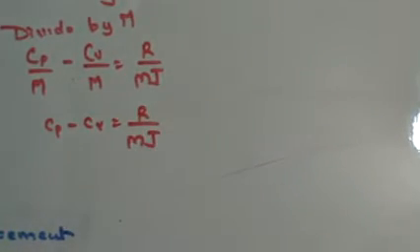This is how you represent this in terms of principal specific heat. Fine, do we get this clear? So do we understand Mayer's relationship, or the relationship between Cp and Cv, right?